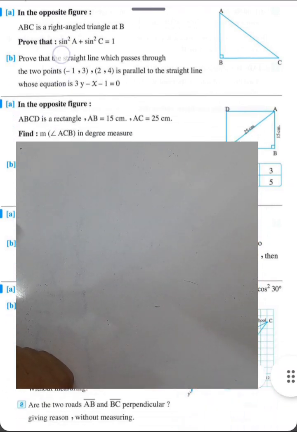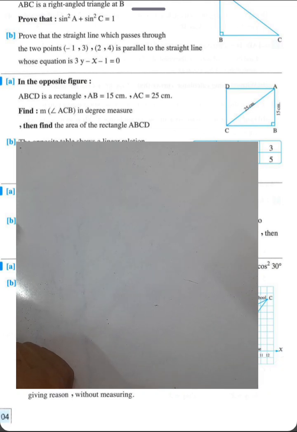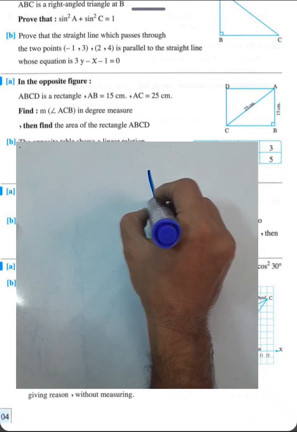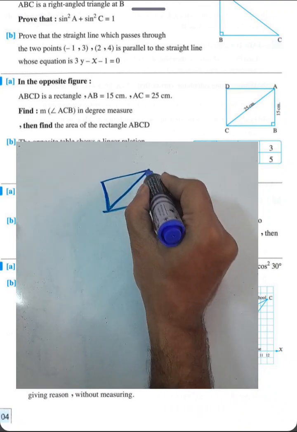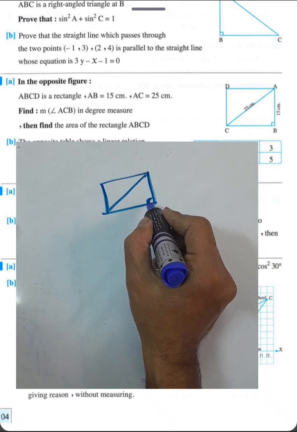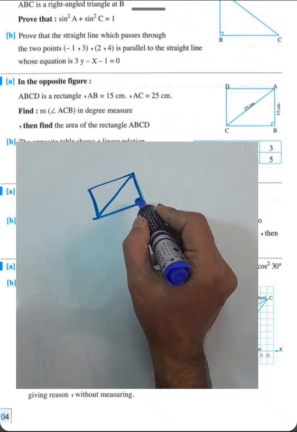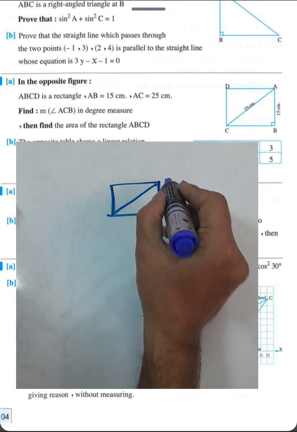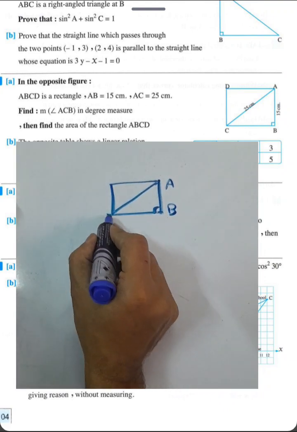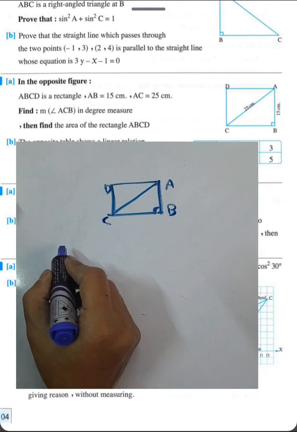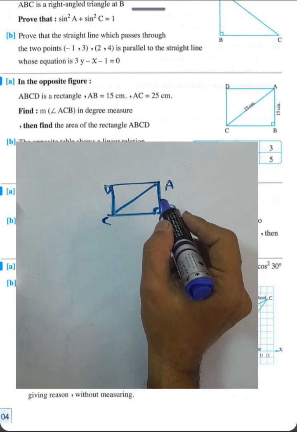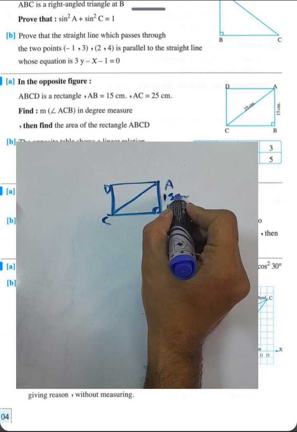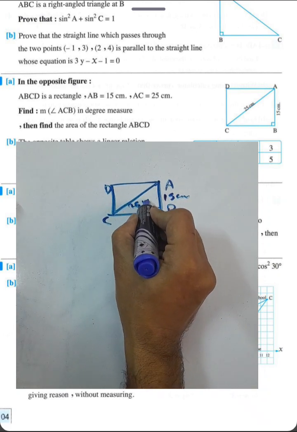Next example, we have a rectangle here. We want to find the area of the rectangle. We know each adjacent side is perpendicular. We have here A, B, C, and D. It gives us side length AB 15 centimeters, and here 25 centimeters.